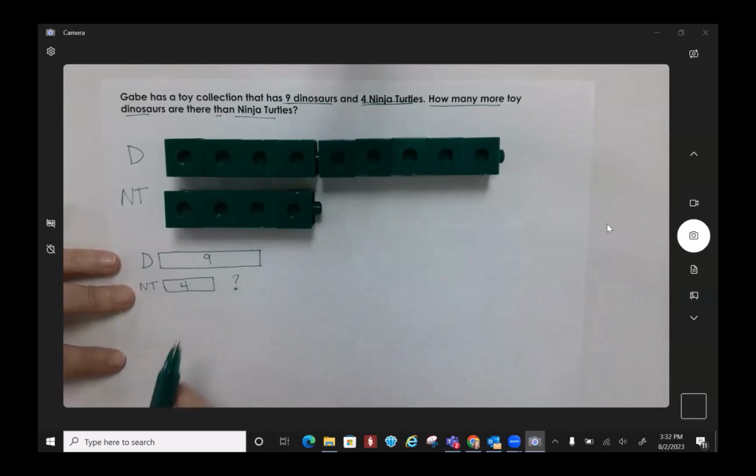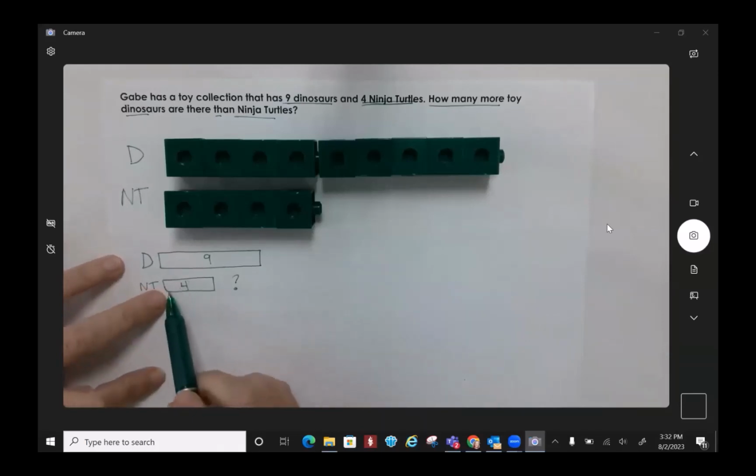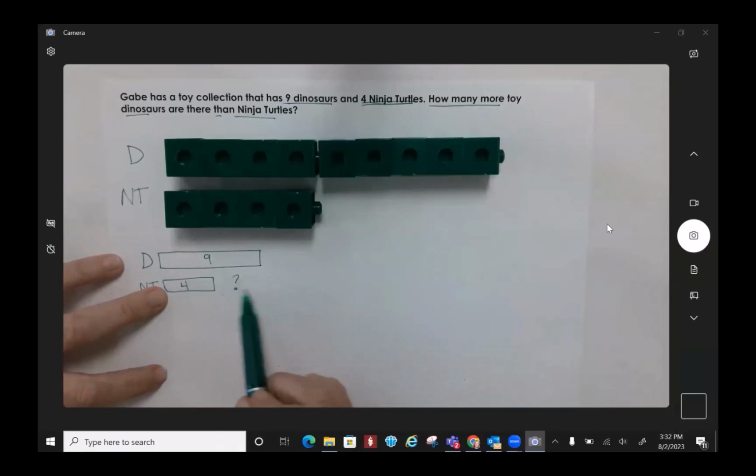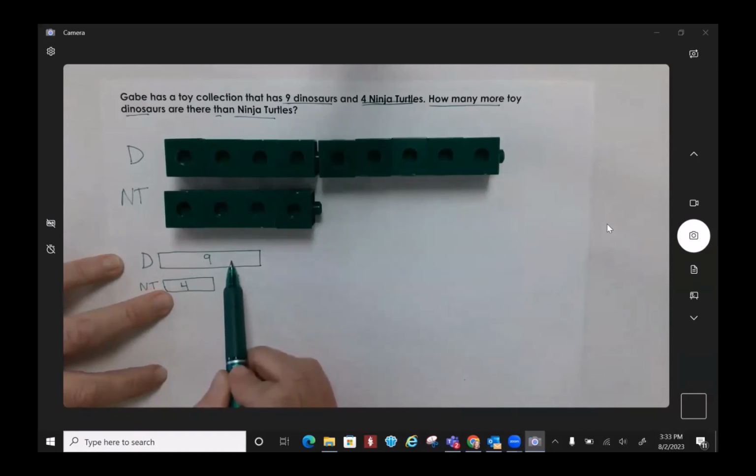Well, I'm kind of thinking about these two pieces. And I know if I were to figure out 4 plus this amount to give me 9, how many more Ninja Turtles would I need to equal the number of dinosaurs, or how many extra are out here?